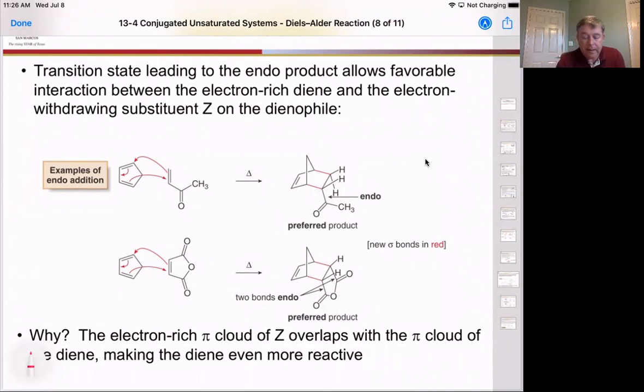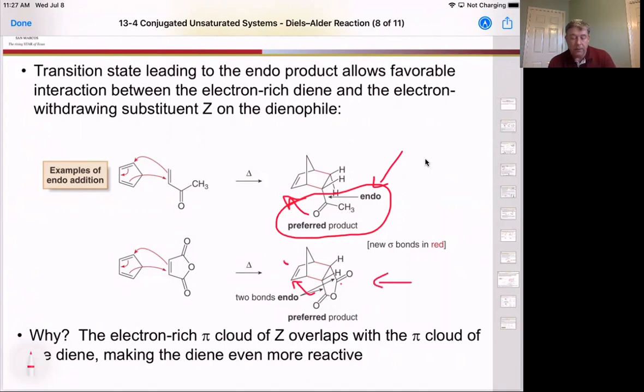If it comes in to this top right here, it's going to give us our product with our electron withdrawing group closest to our double bond here. And that's the endo configuration. In this case right here, we'll also have it such that the two electron withdrawing groups are endo, closest to where the diene was. And this is also the endo configuration.